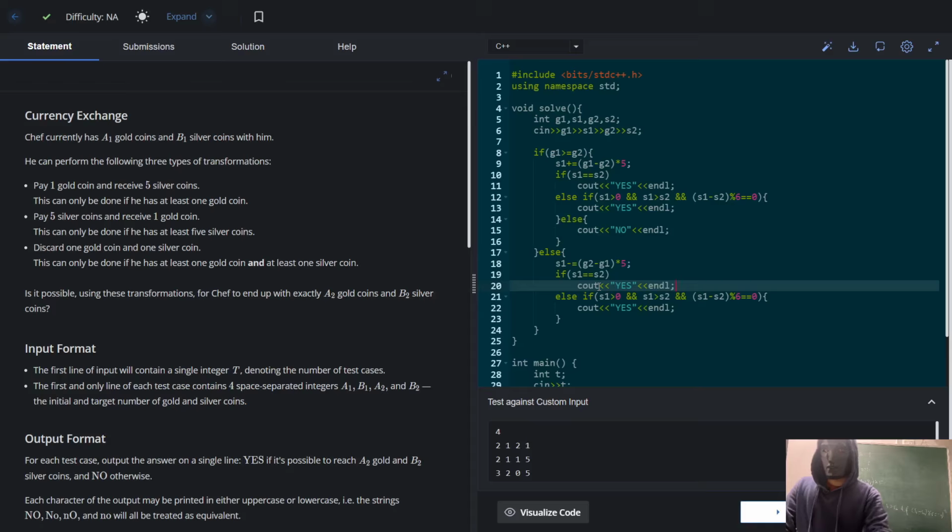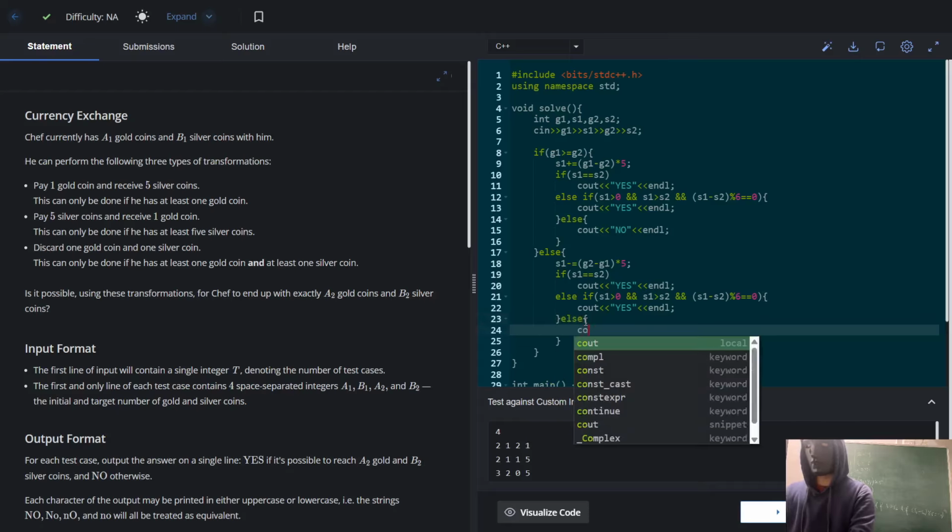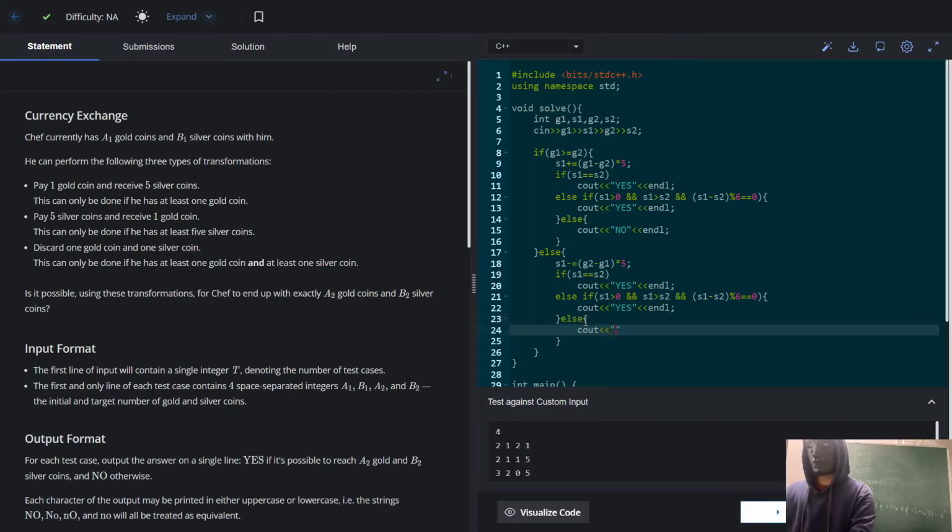If it is not, then again two cases will arise: silver coin is less than S2 or silver coin is greater than S2. When silver coin is less than S2, obviously you cannot have an answer, so you'll go to the else condition and print no. But when your silver coin is greater than S2, we have this condition here.